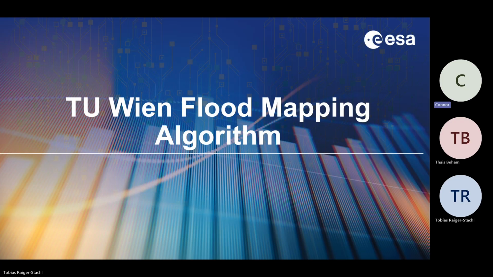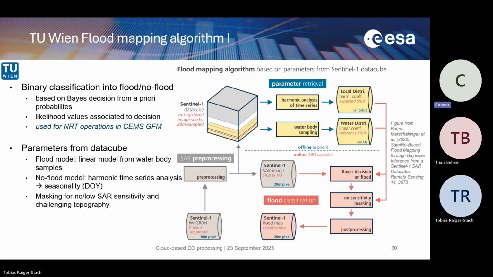So here we go. I will give you a little overview of how we do our flood mapping activities, so the algorithm that we are using at TU Wien. Basically, it's a rather simple system. The output of the flood mapping algorithm is a binary classification into flood, no flood. The main thing is that it's based on a Bayes decision from a priori probabilities.